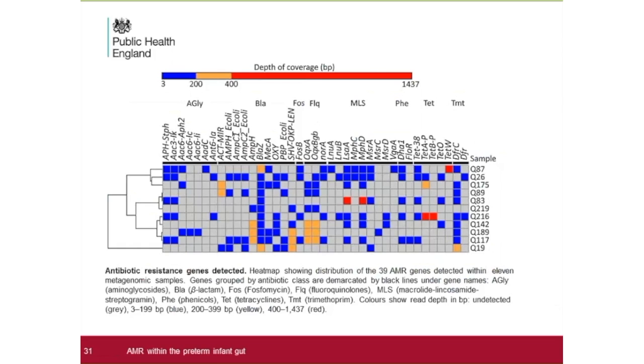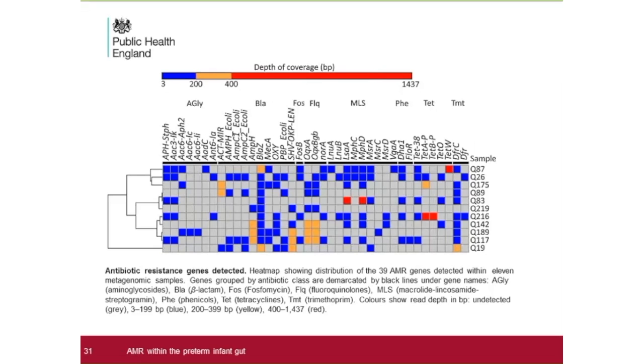Just to show you an example here, from the healthy babies that have not been given any antibiotics, and these are premature babies born at the same time in the same hospital, from the metagenome using shotgun sequencing, we have been able to analyze 39 antimicrobial resistant genes that were represented within their microbiota.